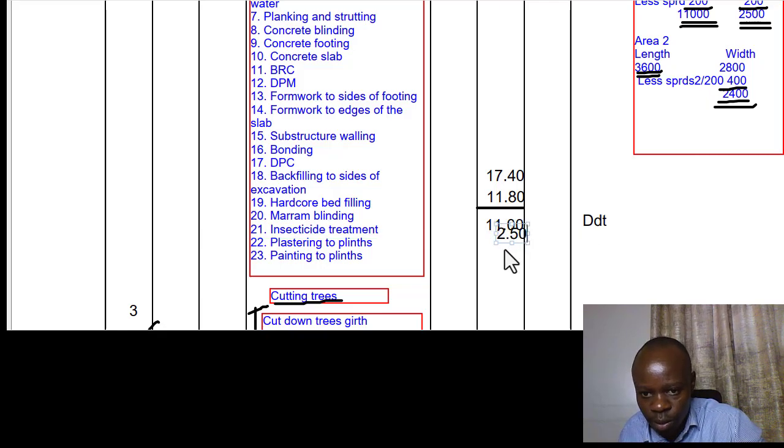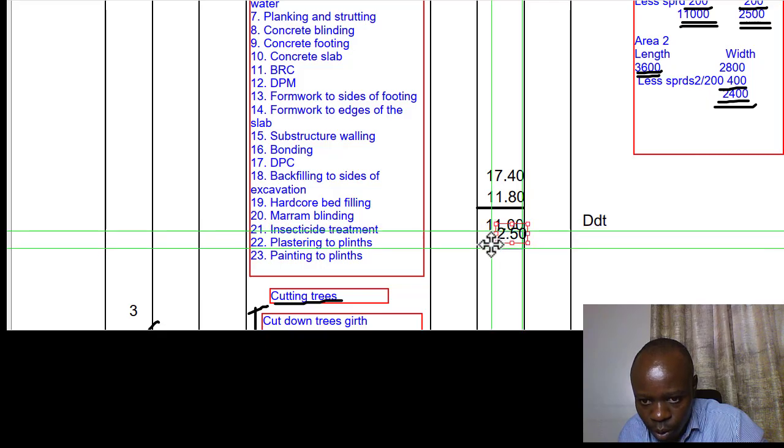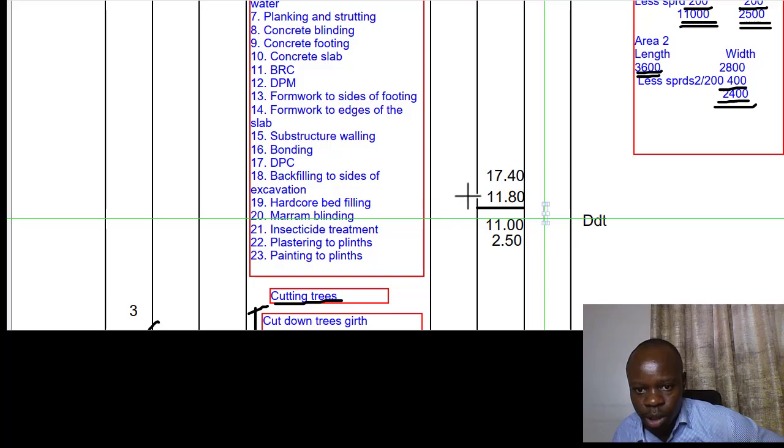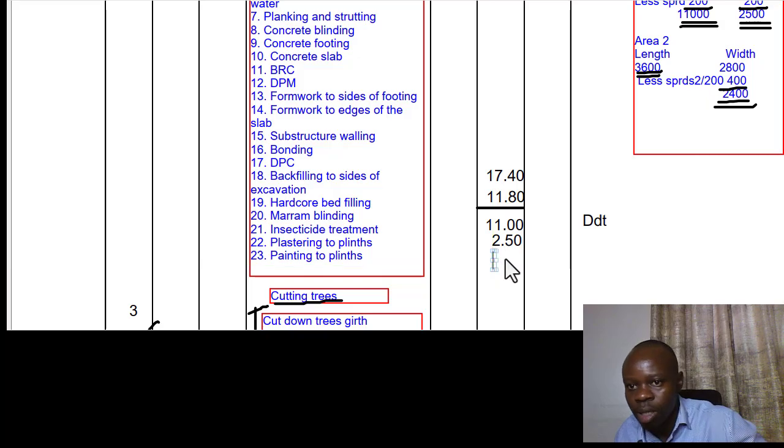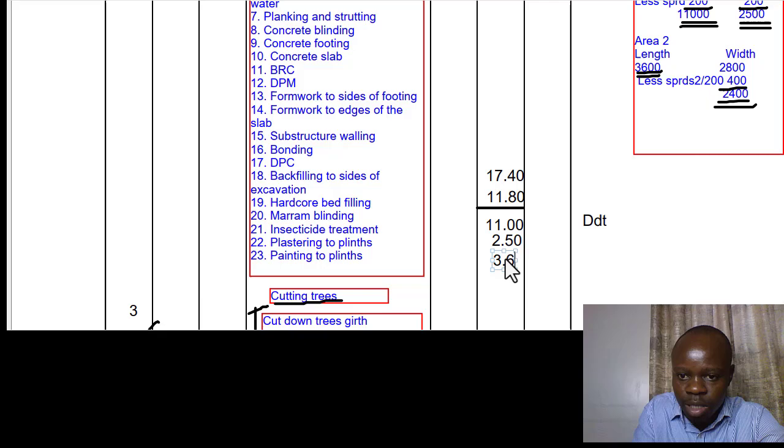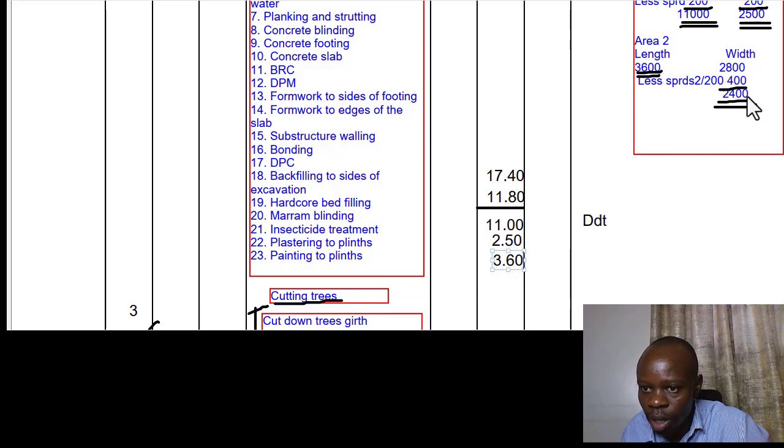Yes, always have to indicate it properly, and of course never forget to underline as well. We'll underline that also just in a few. And then the area 2 that is also supposed to be subtracted, its length is 3.60, and then the width is 2.40.